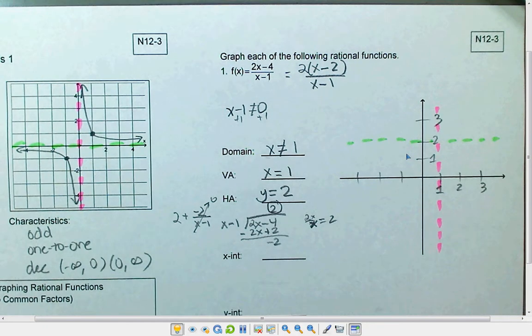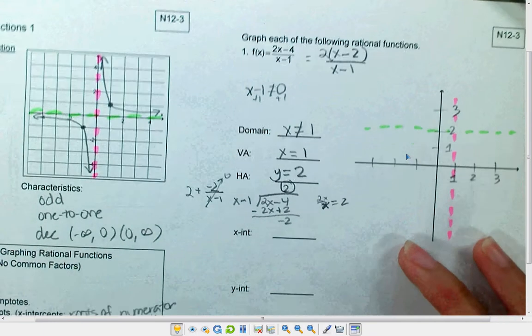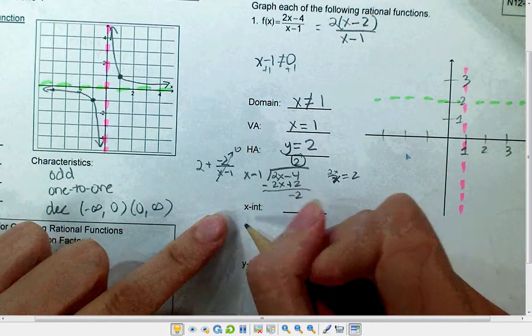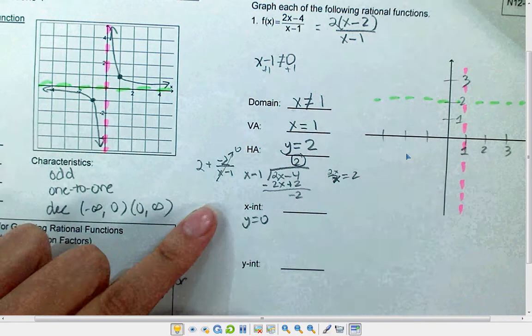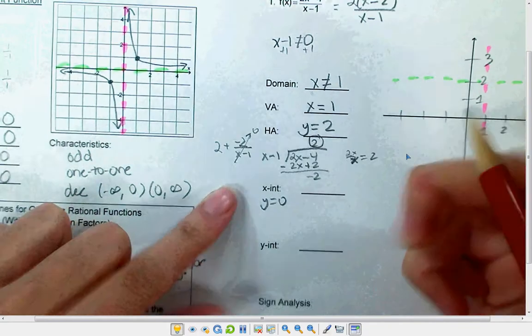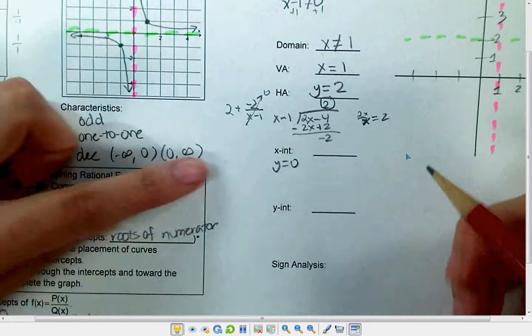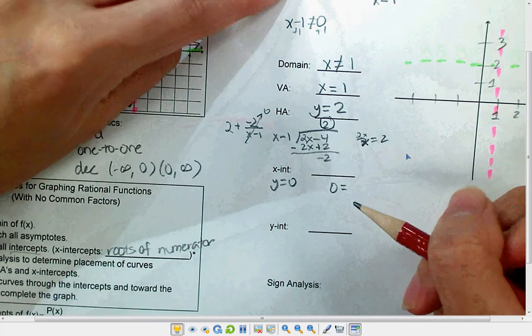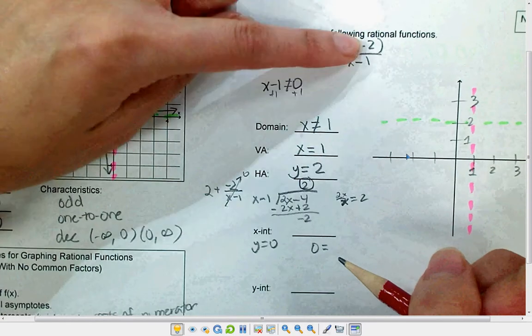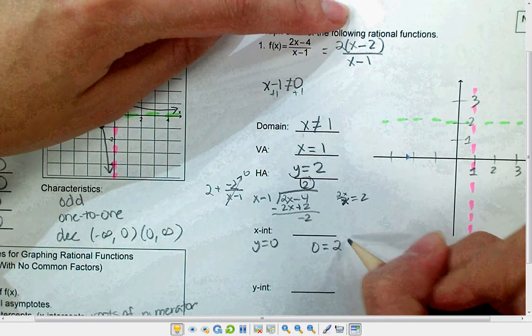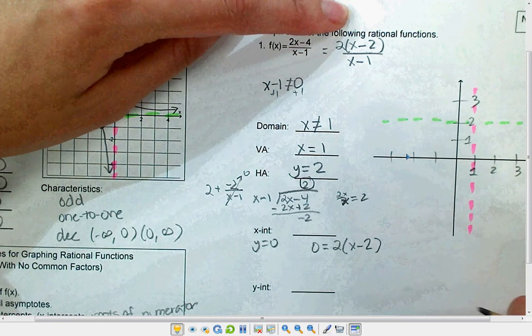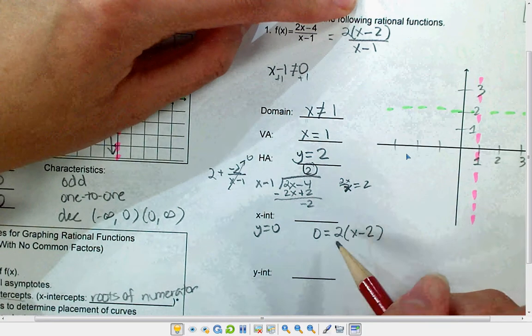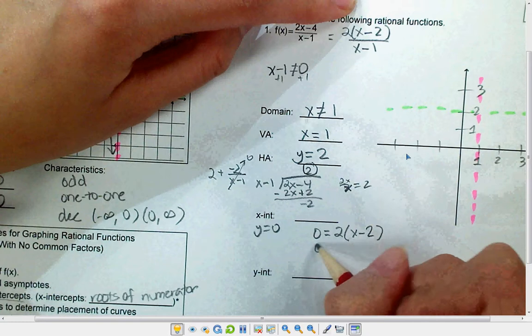So now I've drawn my asymptotes, and I'm going to go on to my intercepts. So for my x-intercept, this is when y is equal to 0. So just like we talked about down here, when y is equal to 0, we're going to plug in 0 for f of x, but we only care about the numerator. So 2, I'm going to use the factor version, x minus 2. If we're solving for 0, we can just divide by 2 to get rid of this 2.